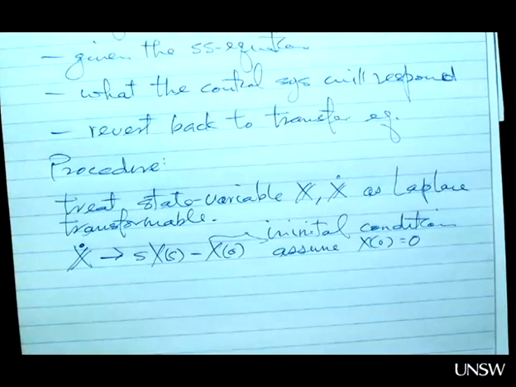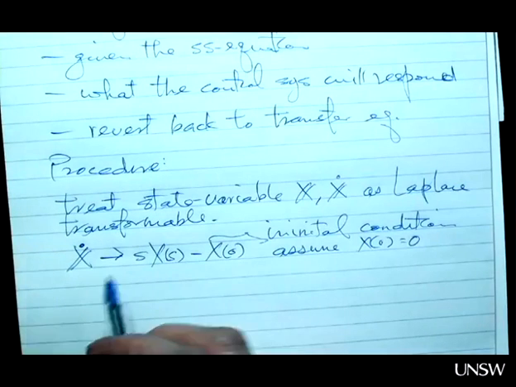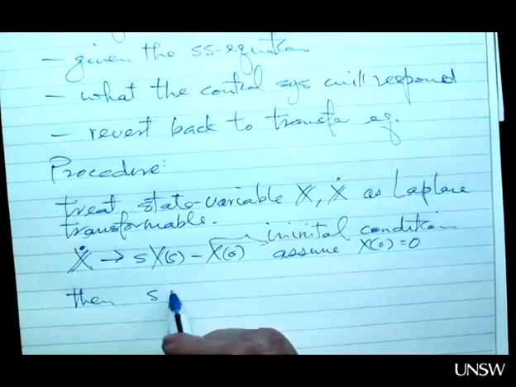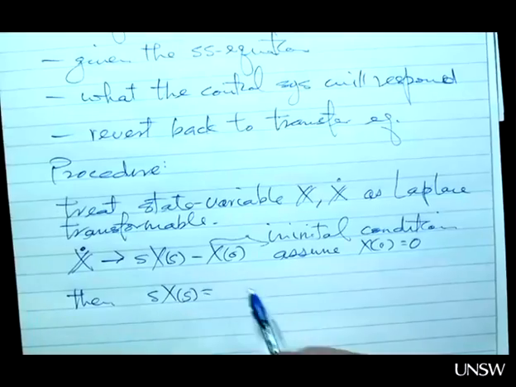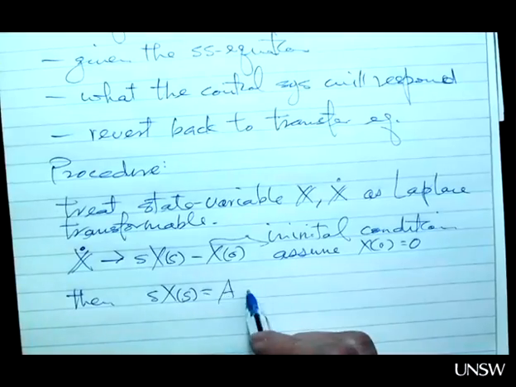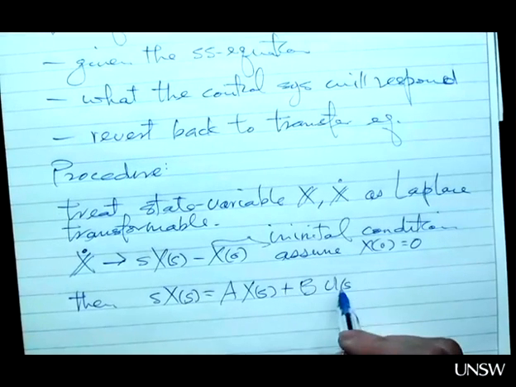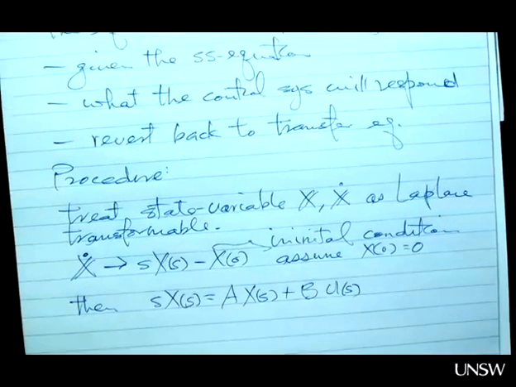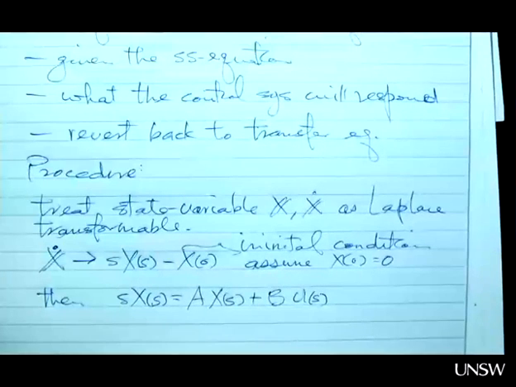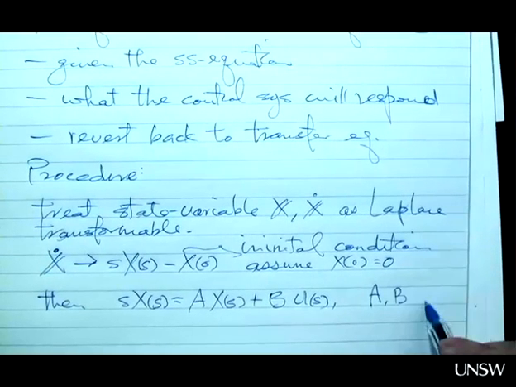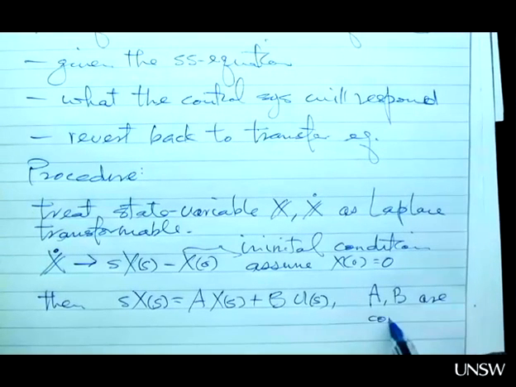Then we have s X(s) equal to, on the right hand side, A X(s) plus B U(s), and A and B are constants, so they are not transformed.